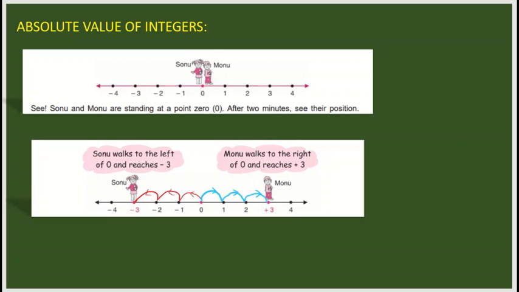Similarly, Monu also 3 units. So we write that the absolute value of minus 3, represented as modulus of minus 3, is nothing but 3. In the case of a positive integer also, the absolute value of plus 3 is 3. Irrespective of negative or positive sign, the absolute value is always positive.